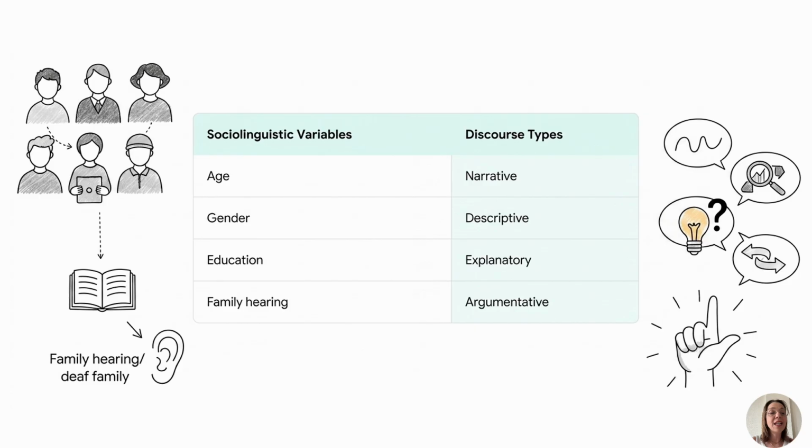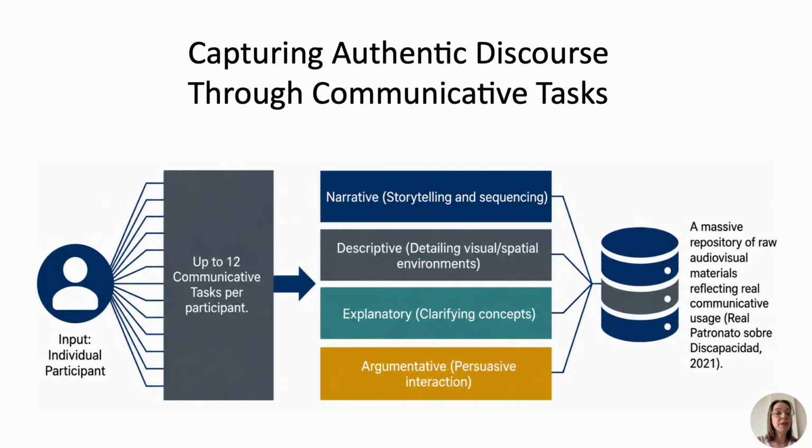They carefully selected participants based on key sociolinguistic variables, including age, gender, educational background, and family hearing status. And then each participant engaged in tasks that generate all kinds of discourse: narrative, descriptive, explanatory, and argumentative.